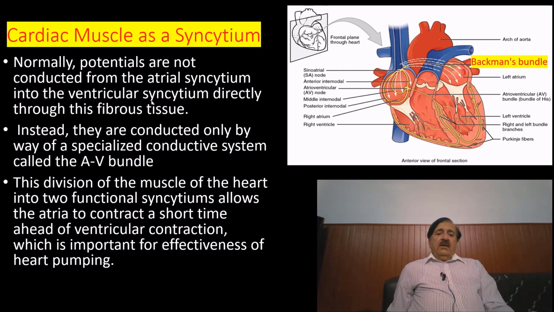The atria contract before the ventricles. When the atria contract, the ventricles at that time are relaxing. So this allows the flow of blood from the atria to the ventricles, and this also allows the ventricles to fill with blood and then pump that blood into the circulation.